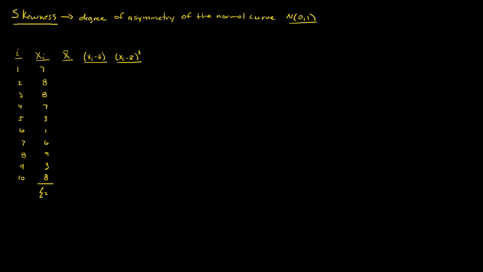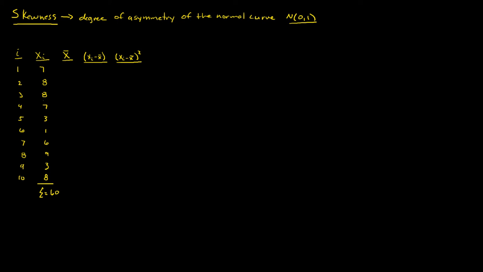And so x sub i means every ith raw score. So when i equals 1, it's the raw score 7. When i equals 2, it's the raw score 8, and so on. If you were to sum all of these x sub i scores, you will get a sum down here of 60.